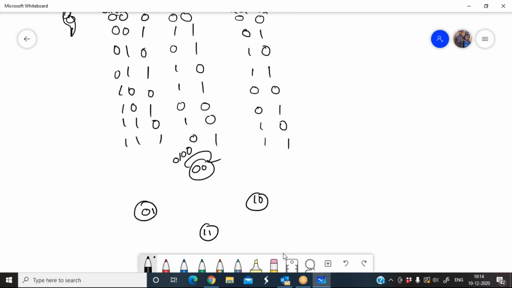Now 0 0 is the present state, input is 1, next state is 0 1, like this. Now input is 1. What is the output here? 1 1, right? Is it okay or not? Yes, sir.